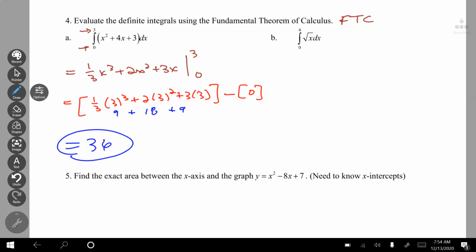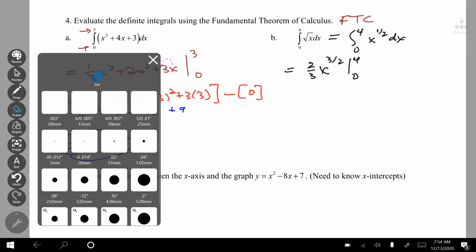I'm going to do the same thing here. I might have to rewrite this. X to the 1/2 dx, and when I take its antiderivative, I get x to the 3/2, but now the reciprocal is 2/3. I'm plugging in 0 and 4.